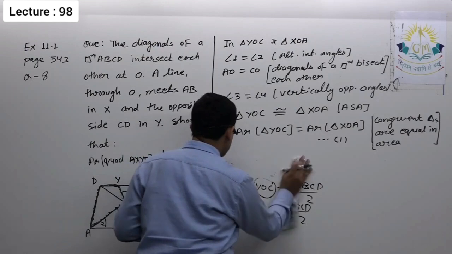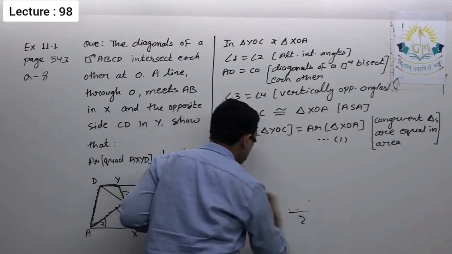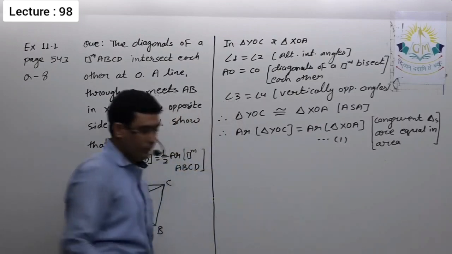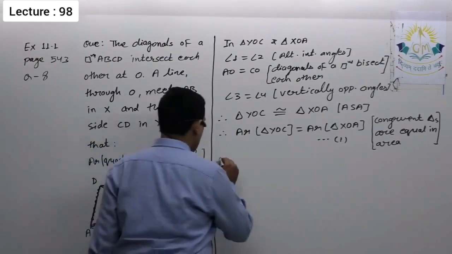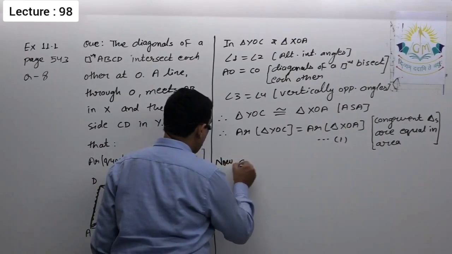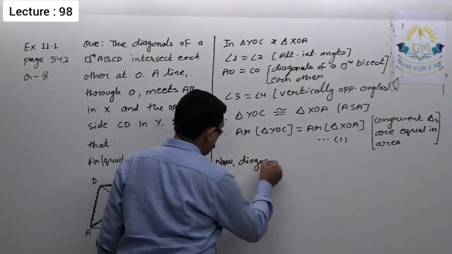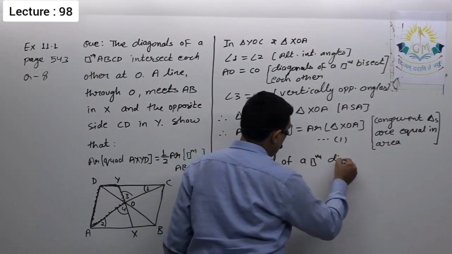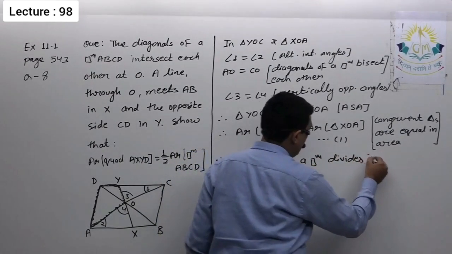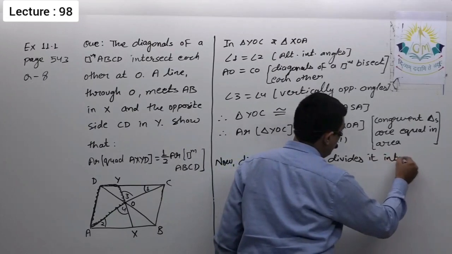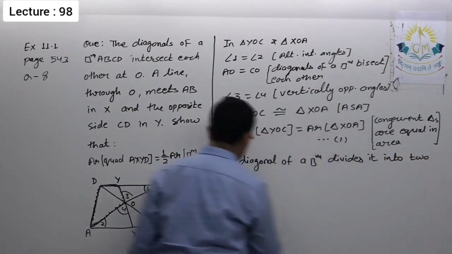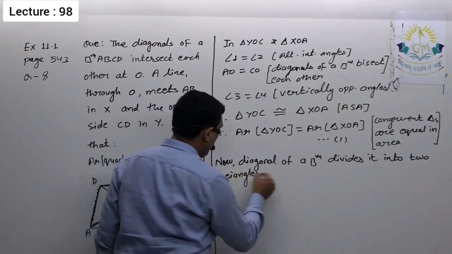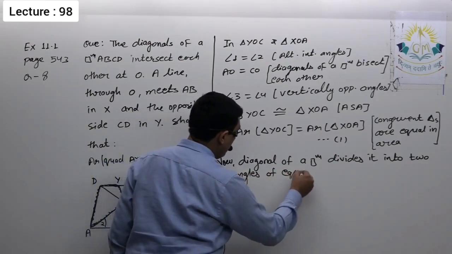Now I use the next concept, that a diagonal of a parallelogram divides it into two triangles of equal area.